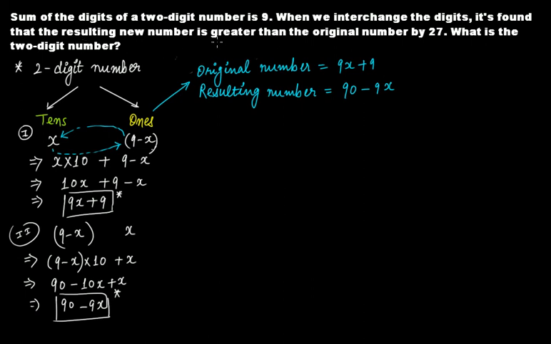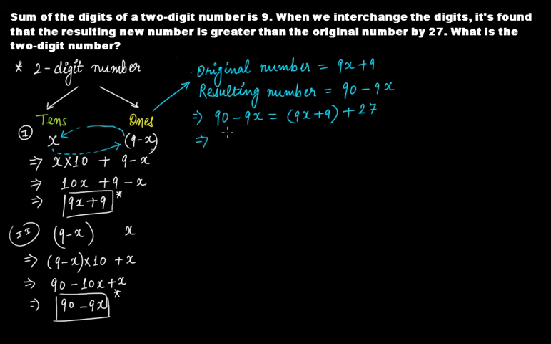The resulting new number is greater than the original number by 27. This is greater than this original number by 27. So it means that 90 minus 9x is equal to 9x plus 9, that is original number, plus 27, because it's greater than this one by 27.